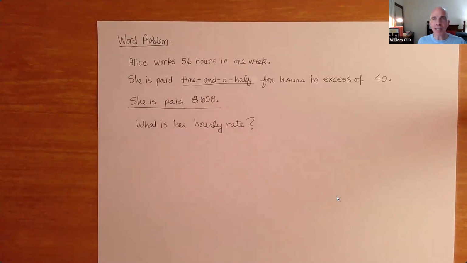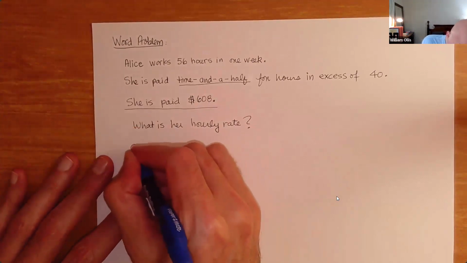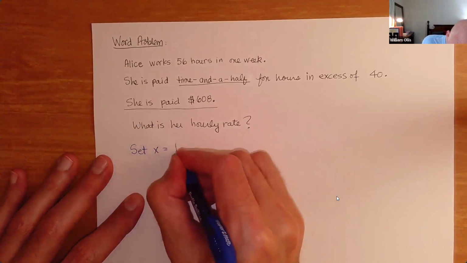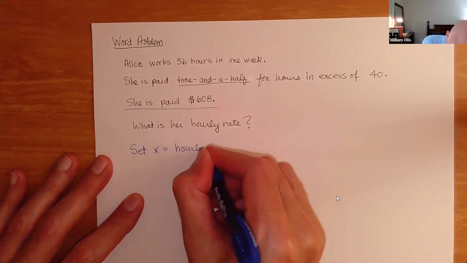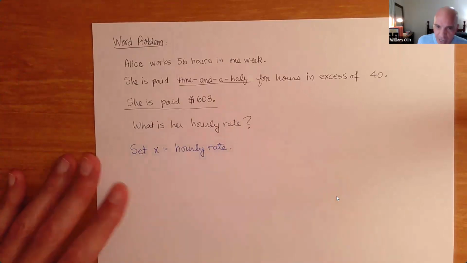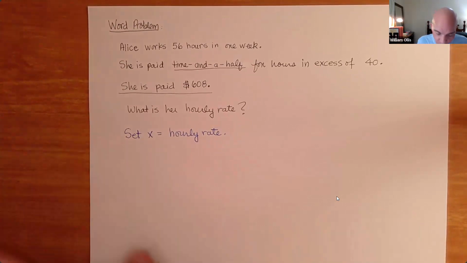Well, you're thinking in your mind, we need an unknown, and the unknown is the hourly rate. So we can set X equal to the hourly rate. And we can use some factor trees here just to break down numbers. That's always a fun thing to do when you're doing algebra.